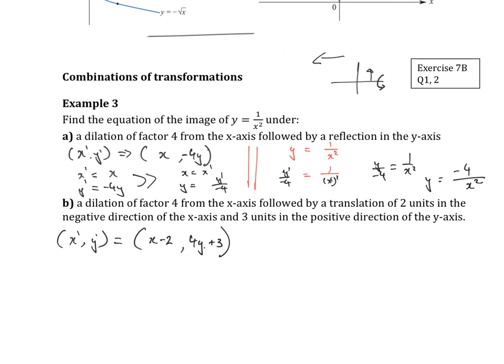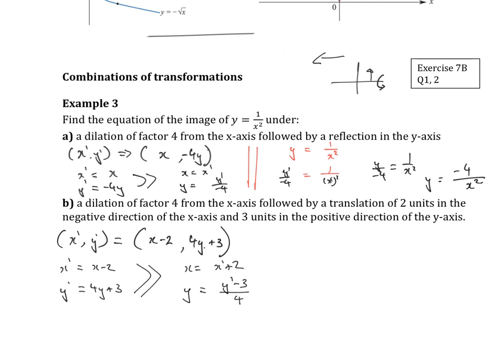Which means what? Which means that x dash is equal to x minus 2, y dashed is equal to 4y plus 3. So again, rearrange: x is equal to x dash plus 2, the y coordinate is equal to y dash minus 3 over 4.